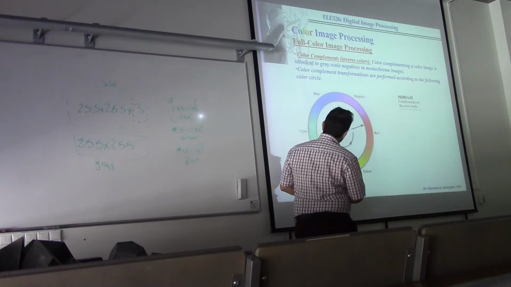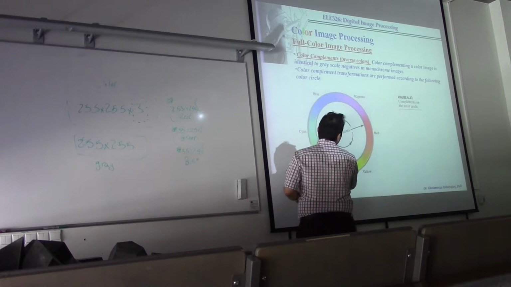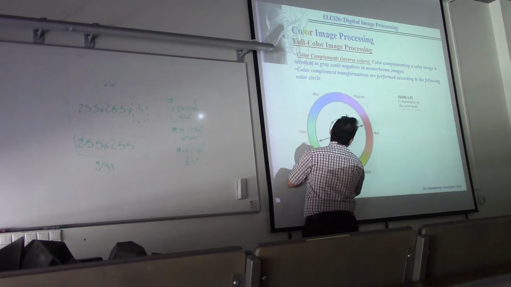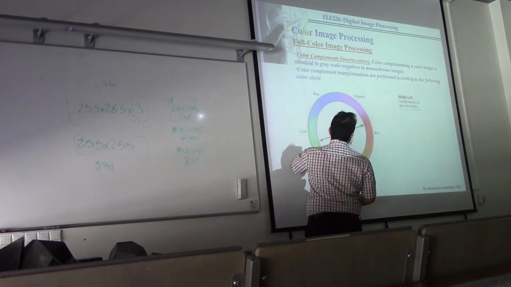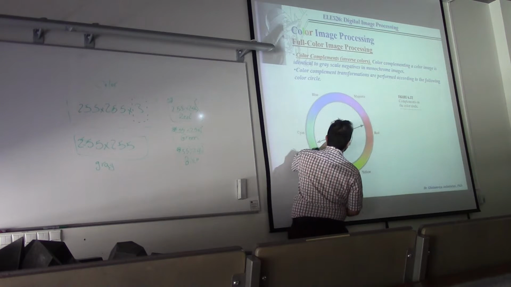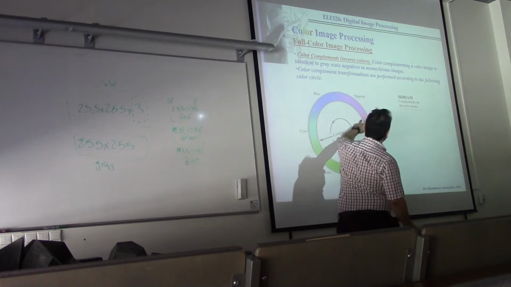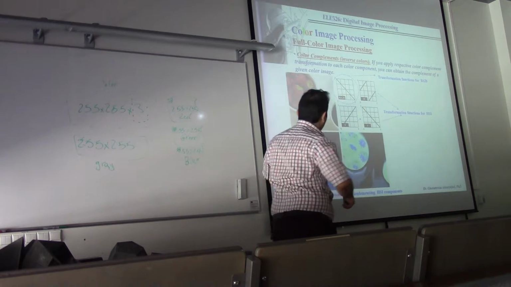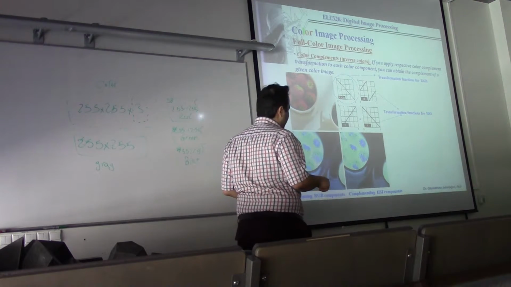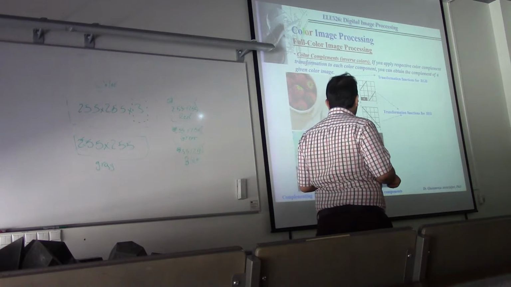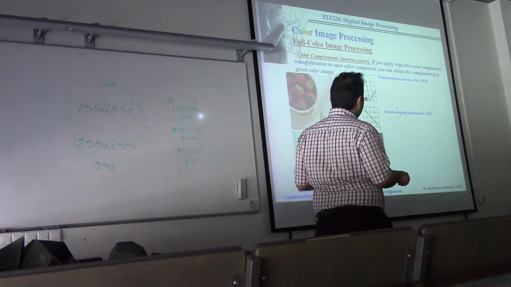If we consider, for example, the light green here or here, we can easily find the complement or inverse of this. After applying the complement or inverse of the color, we have the colors like this. And also you can see we have some magenta color here, and it's the inverse, the complement RGB component inverse of this, and it's there in the HSI.